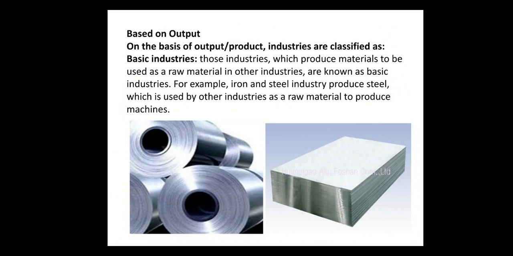For the construction of an industry itself, we are using different machines. These machines are made up of iron and steel. Again, some industries directly use iron and steel as a raw material in order to produce finished goods. Because of that, iron and steel industries are basic industries. So basic industry is equal to iron and steel industries.